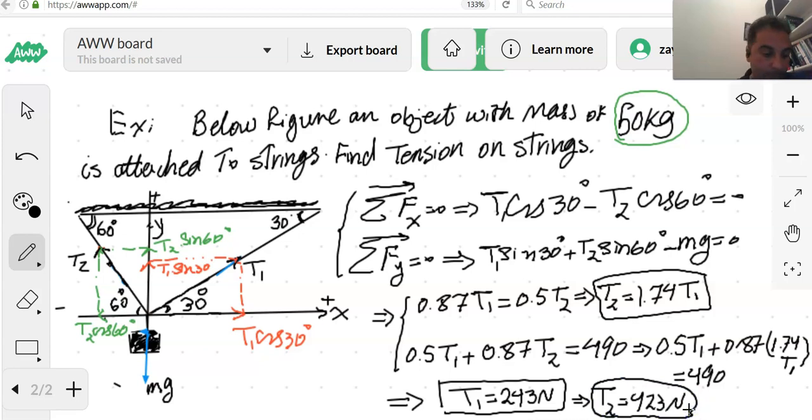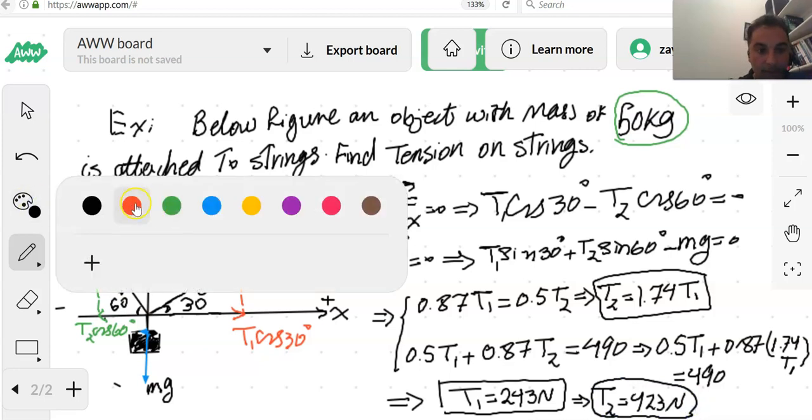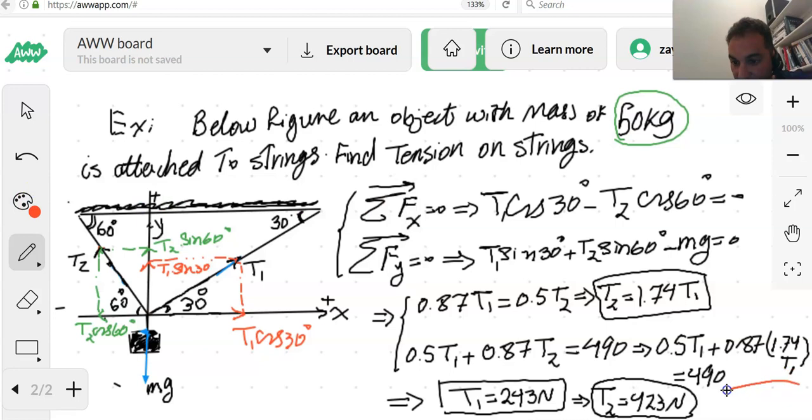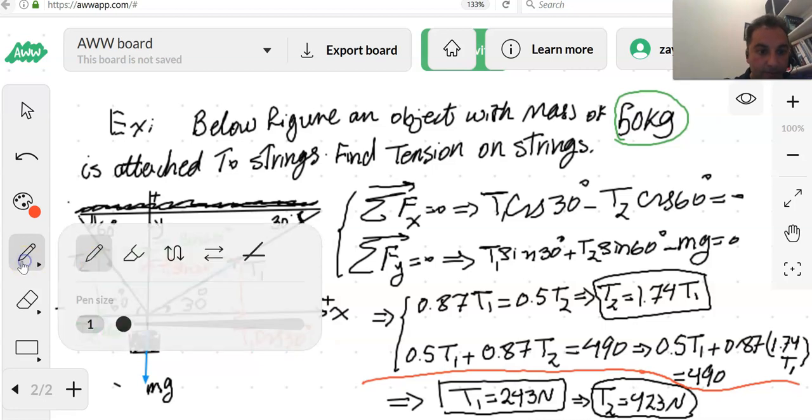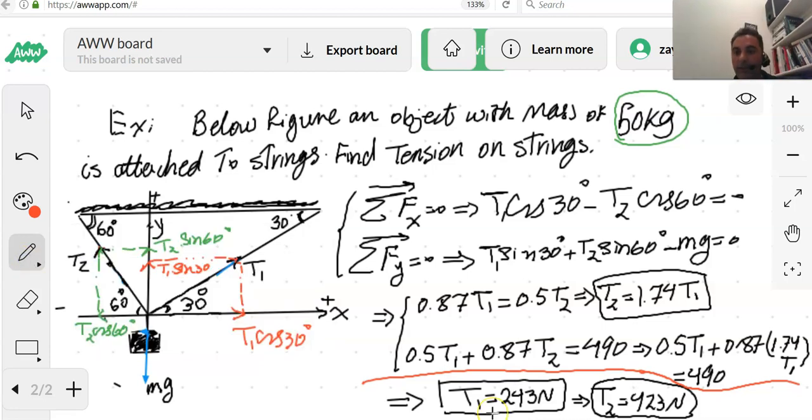Make sense? Let me organize this section. There you go. Okay, so we found T1 and also we found T2.